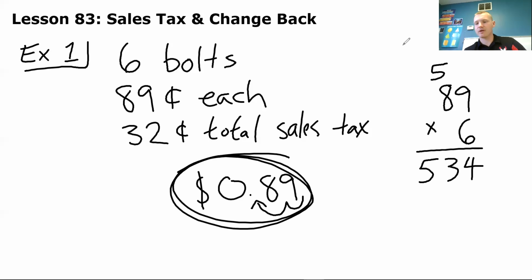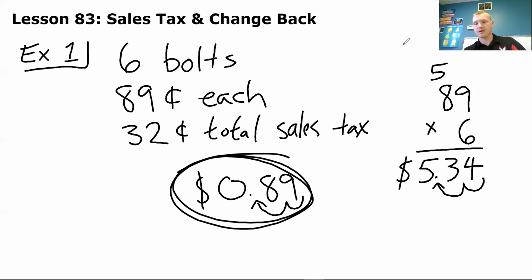So it's not $534. It's going to be, if I move my decimal place over 2 places, $5.34. And that is the cost of 6 bolts. Here in Oregon, we would have to pay just $5.34.